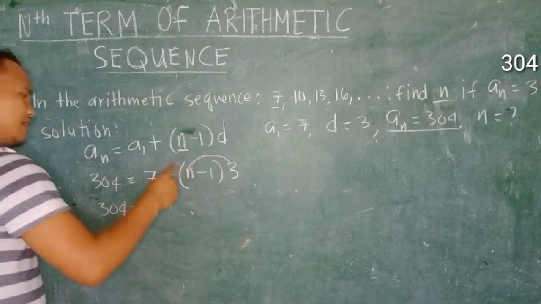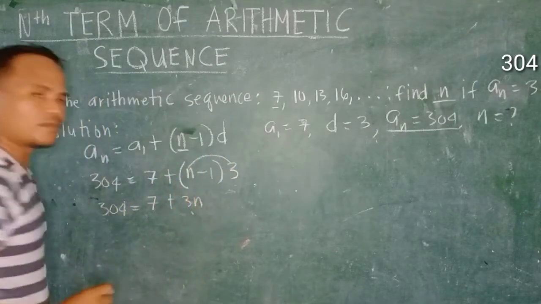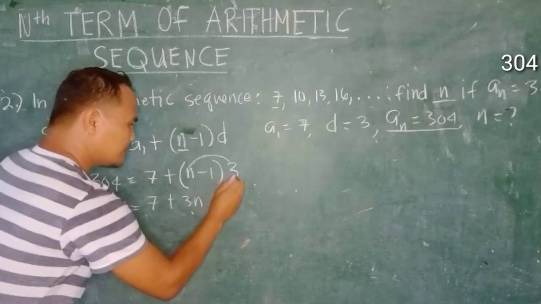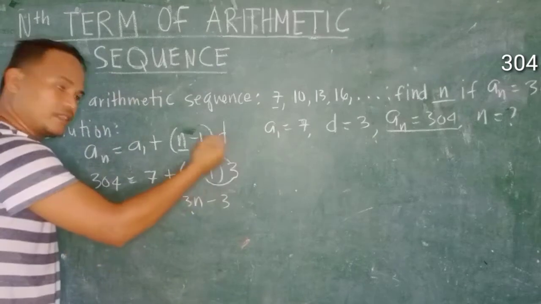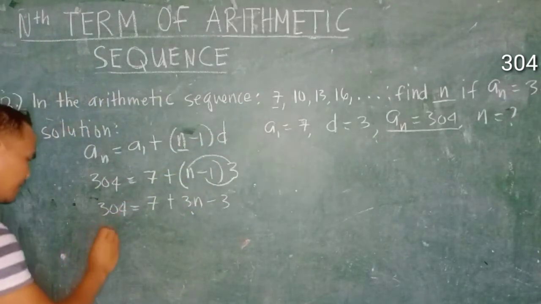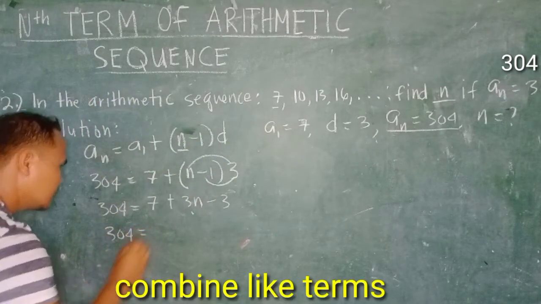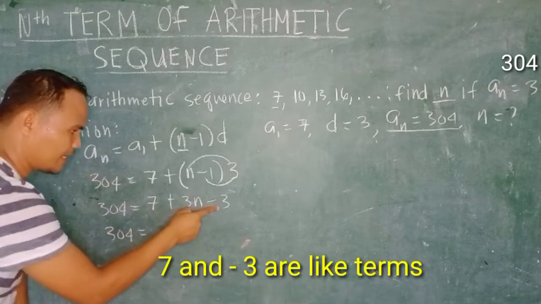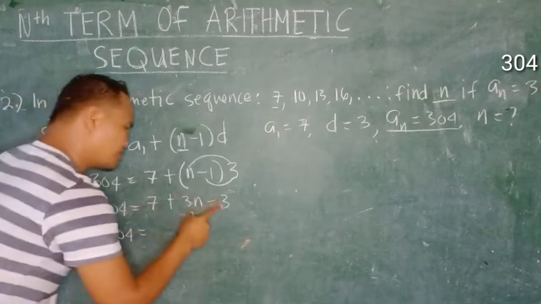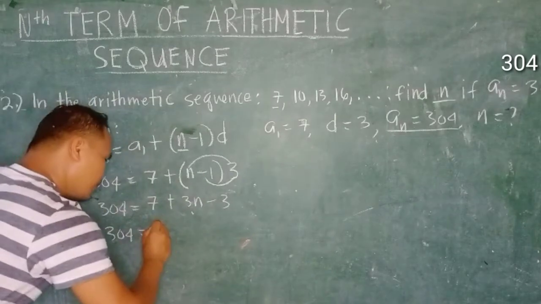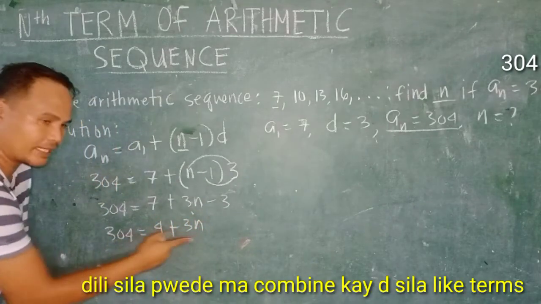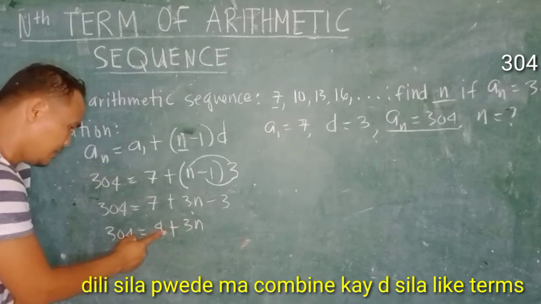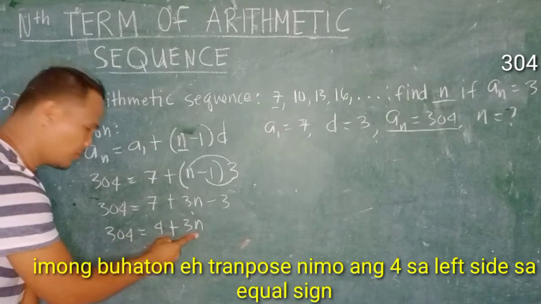So 3 times n, that's 3n. That's the distributive property. Then 3 times negative 1, that's minus 3. Okay, distribute. Then, copy 304. Combine like terms. 7 and negative 3 are like terms. So 7 minus 3, the result is 4 plus 3n. The 4 cannot be combined with 3n, because one has a variable and the other is a constant.